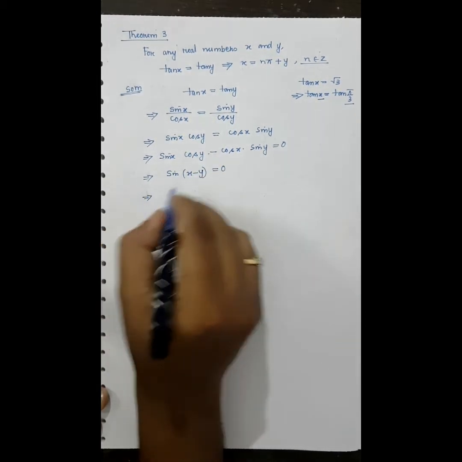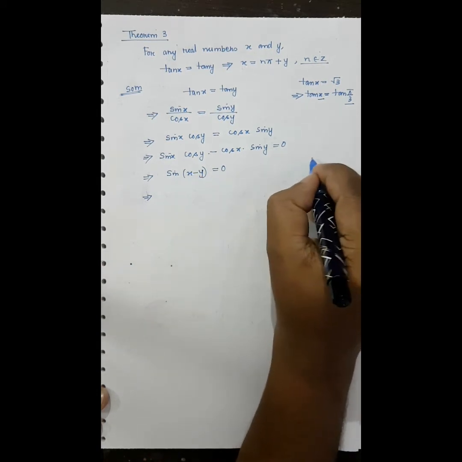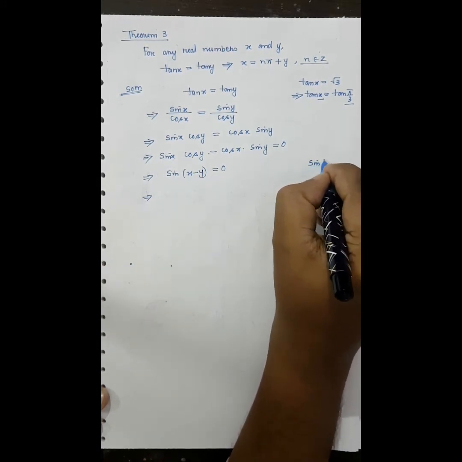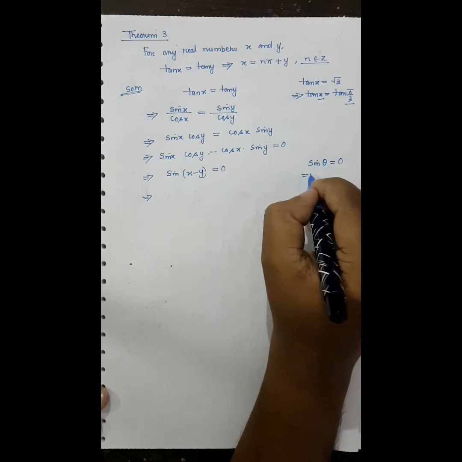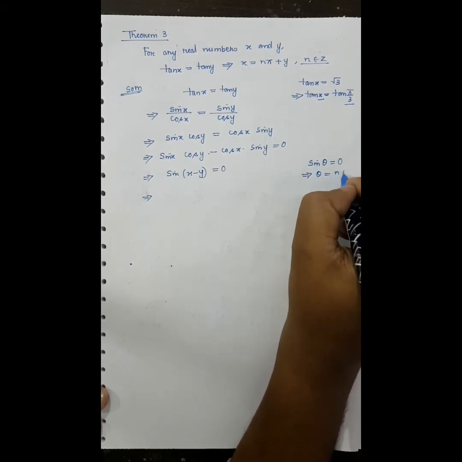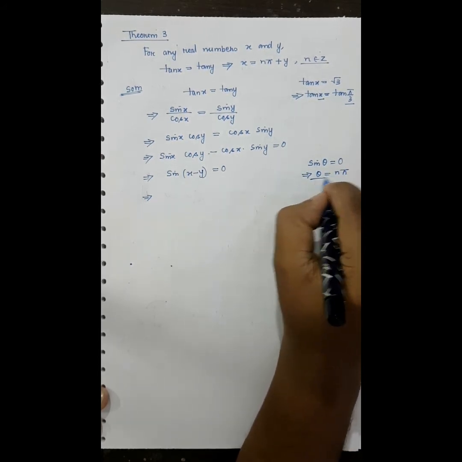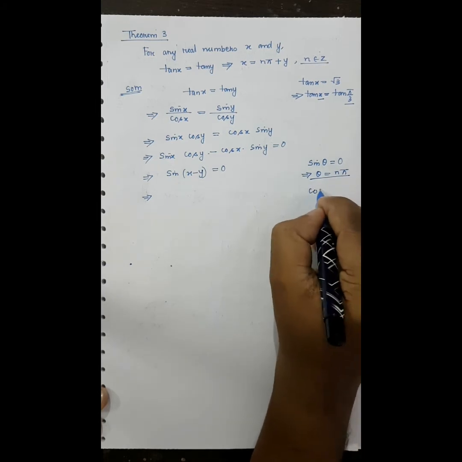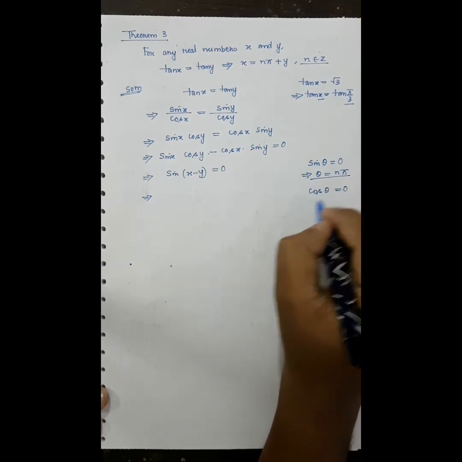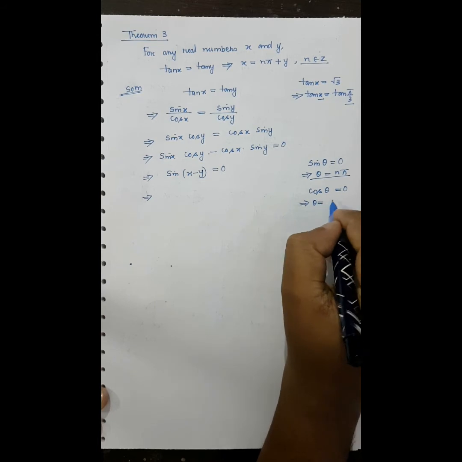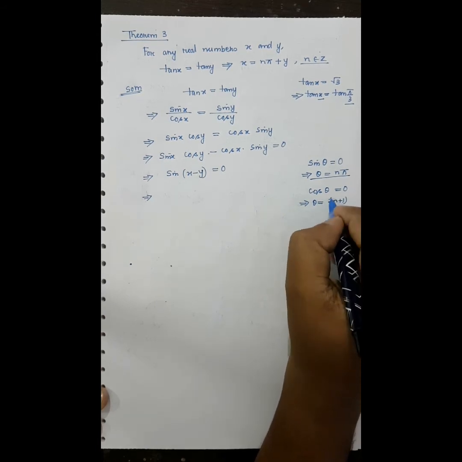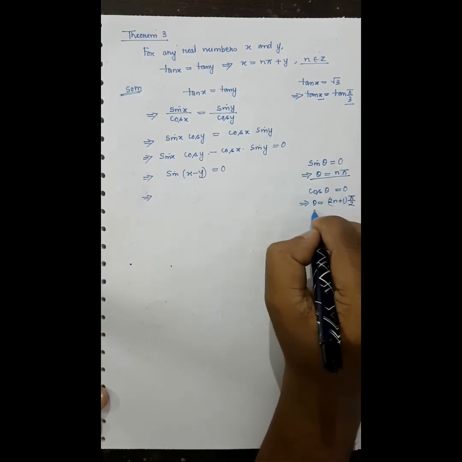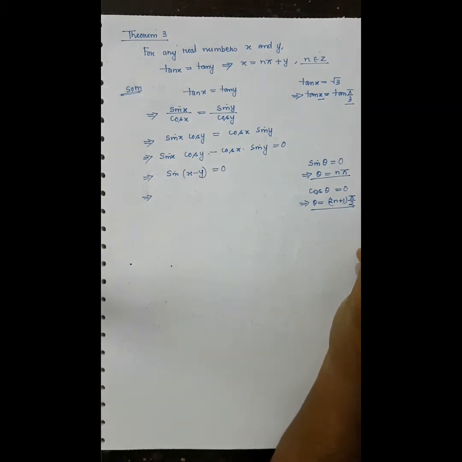Now we know that sin theta is equal to 0 whenever theta is equal to n pi. Make sure you know these special angles. And cos theta is equal to 0 whenever your theta is equal to (2n plus 1) into pi by 2. When the angle is an odd multiple of pi by 2, the value of cos theta is equal to 0.